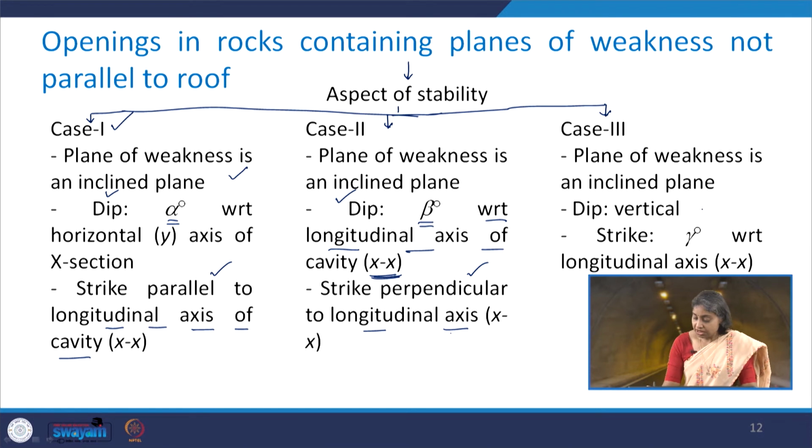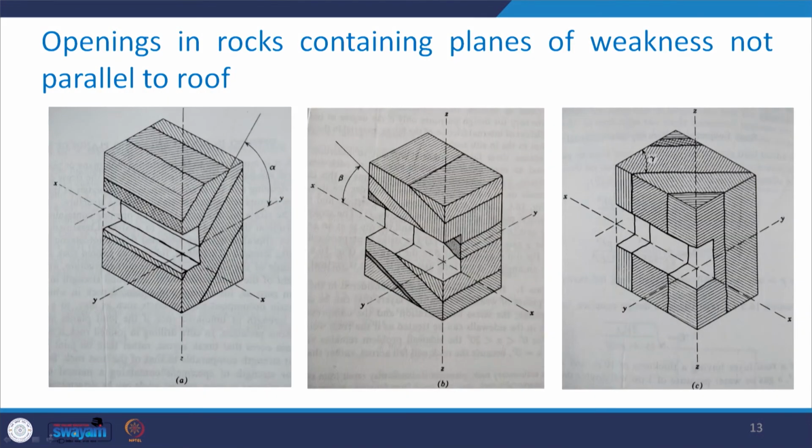In case 3, the dip is in the vertical direction and the strike is gamma degree with respect to the longitudinal axis, which is the x axis. Now, in the next slide, I have put three figures showing the three cases. This is case 1, this is case 2, and this is case 3.